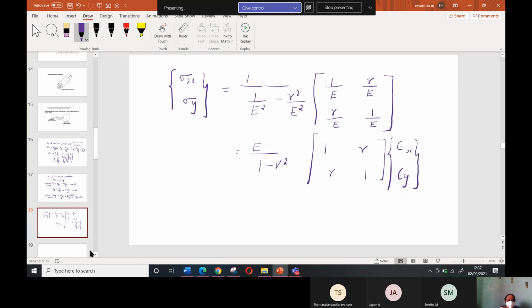So I can write this in terms of epsilon x and epsilon y.